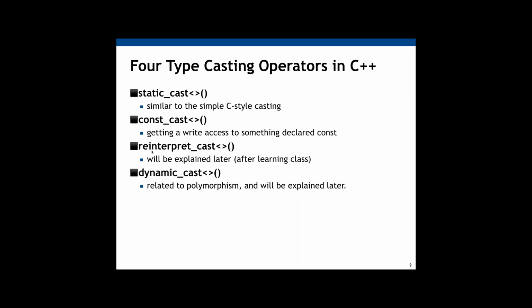And similarly, we will talk about the reinterpret cast after learning class. So for today, we will look at the static and constant cast. The static cast is very similar to C style casting. This is a general purpose typecast. Most of the time, you will be using this static cast operator.